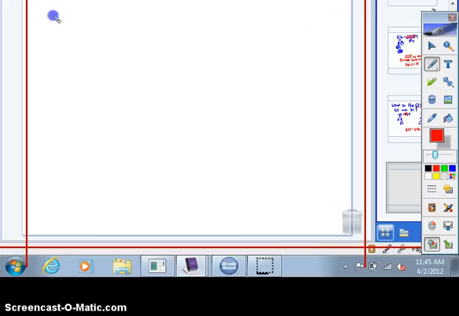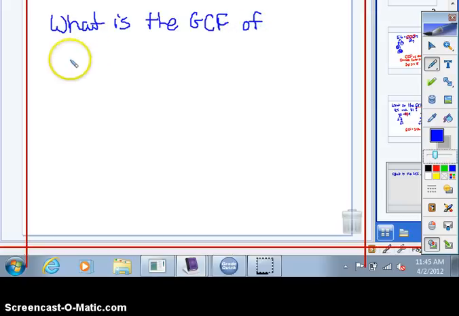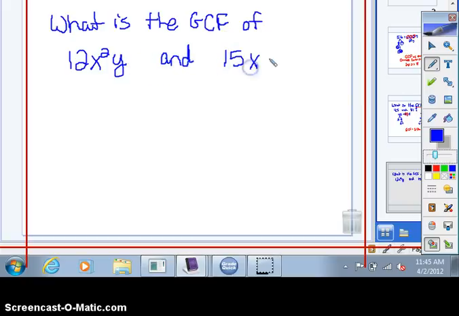All right. I can also ask you, what is the greatest common factor of 12x squared y and 15x squared y to the third?